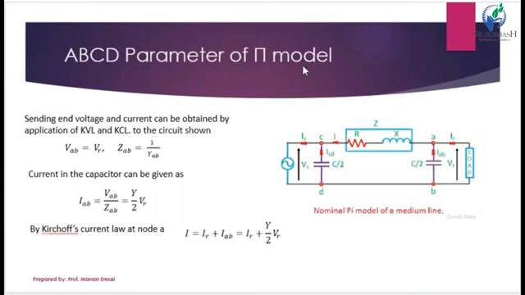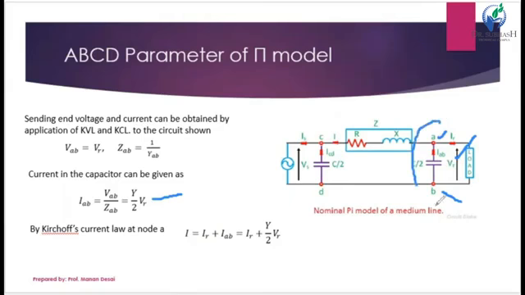In this circuit, the voltage between A and B is VR, and ZAB is equal to 1 upon YAB. Impedance is equal to 1 upon admittance. The current in the capacitor can be given as IAB is equal to VAB upon ZAB.